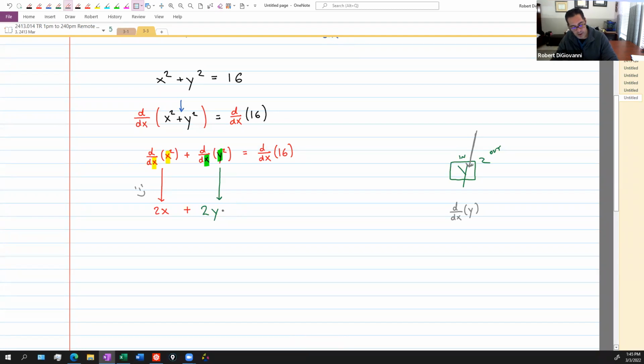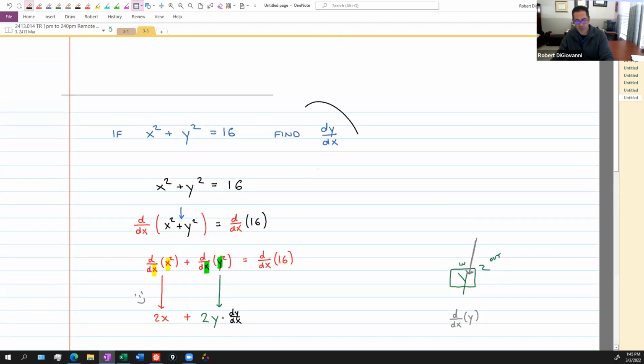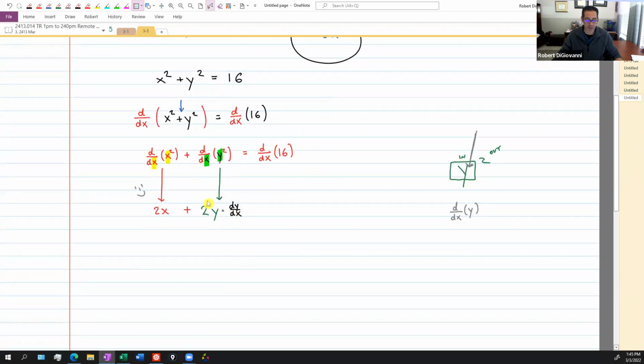I'm supposed to multiply by the derivative of y with respect to x, which I don't know what it is. Y'all understand? I do not know what that is. dy/dx is something I don't know, but I'm actually very happy to see it. Why am I happy to see it? Because that's what we're trying to solve for. We are trying to figure out what dy/dx is, and it just appeared within this new equation that we're creating.